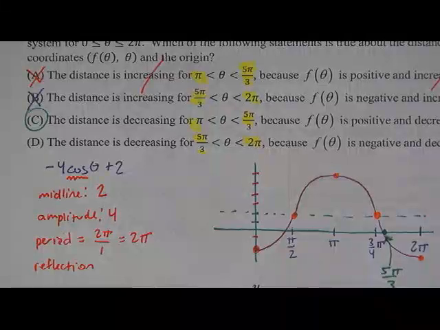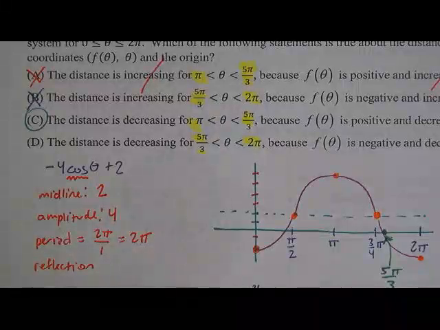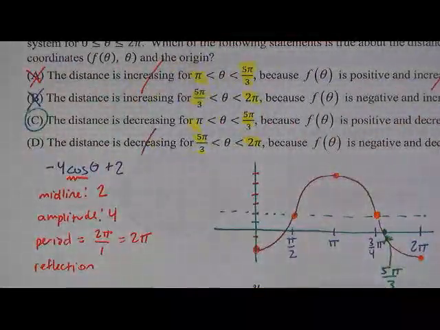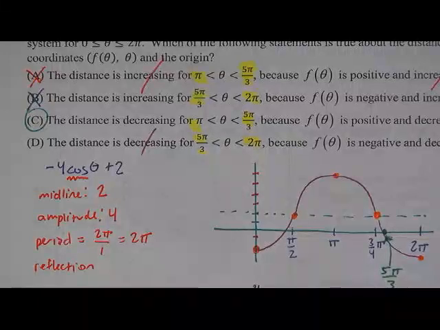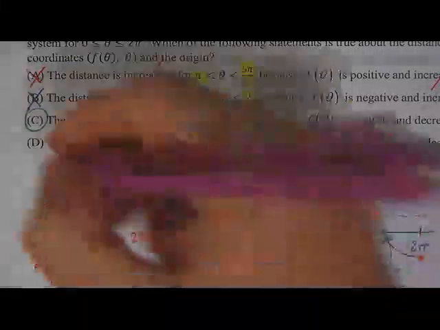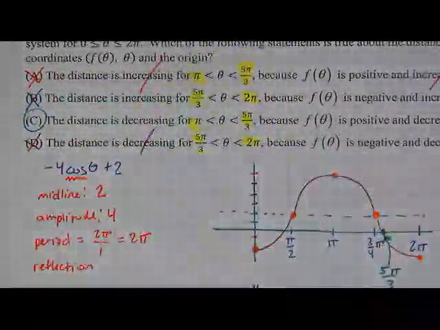And then just glance at D and make sure you know why that one's wrong. The distance is decreasing from 5 pi over 3 to 2 pi. No, it's increasing. The distance between the graph and the origin is increasing there.